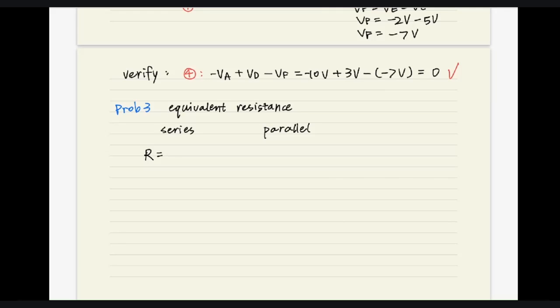For resistances in series, the total equivalent resistance is equal to the sum of all the resistances in series. And for resistances in parallel, the equivalent value is equal to 1 over the sum of 1 over R_i.